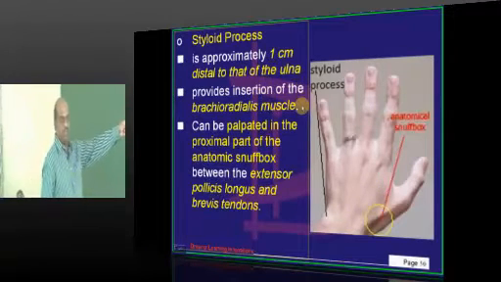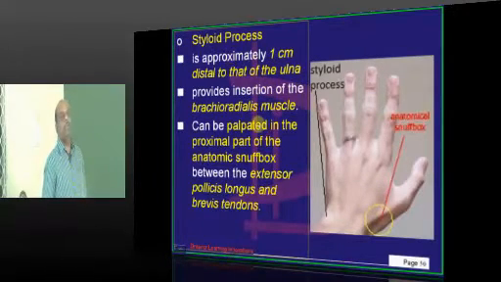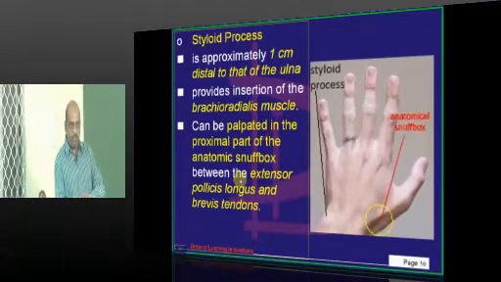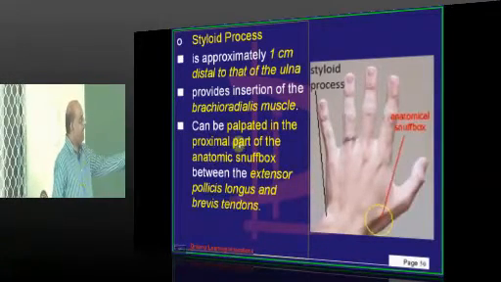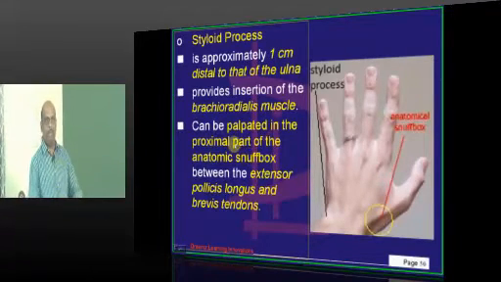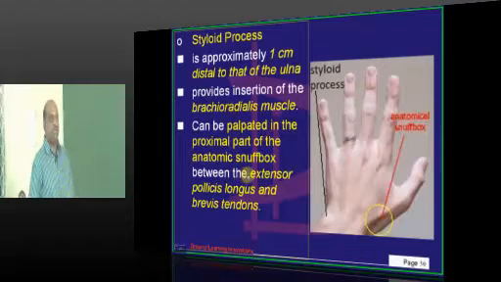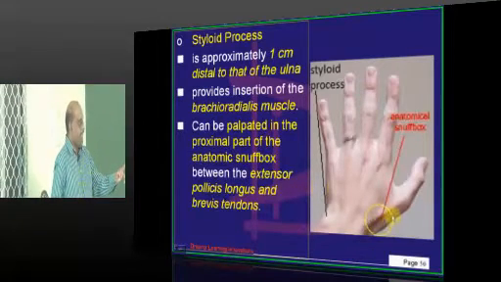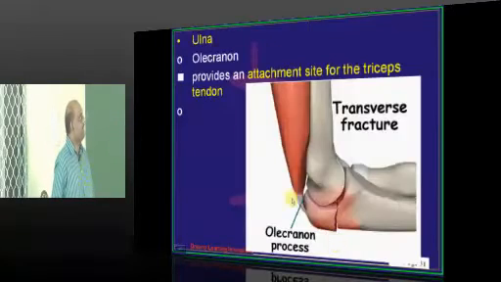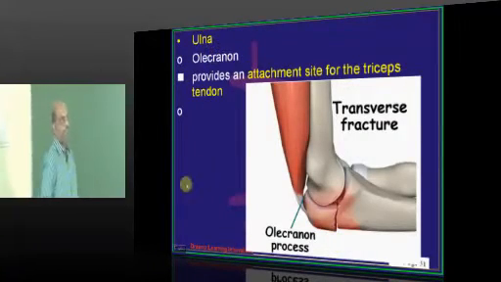So that inserts onto the styloid process of the radius. And if you look at the anatomical snuff box, you can be able to palpate it in the proximal part of the anatomical snuff box between the two tendons, extensor pollicis longus and extensor brevis tendons is what need to be remembered.